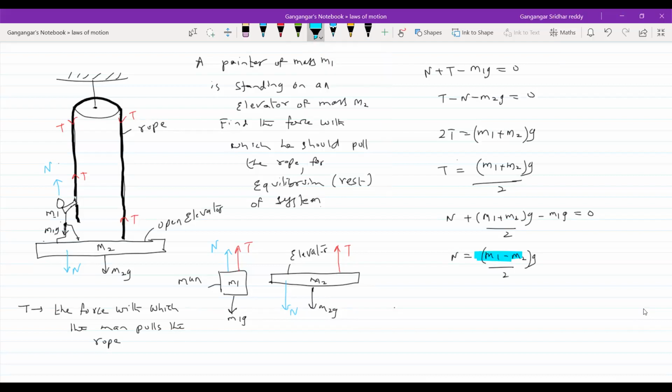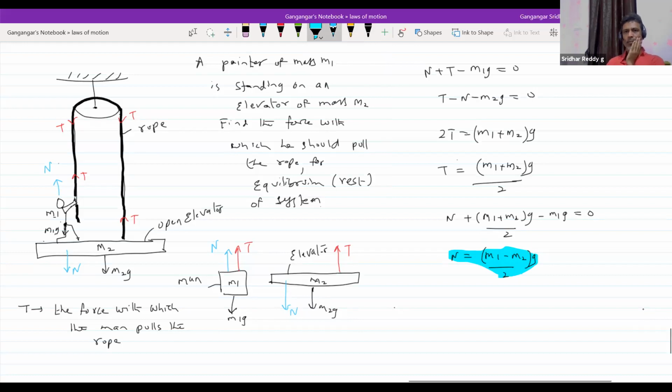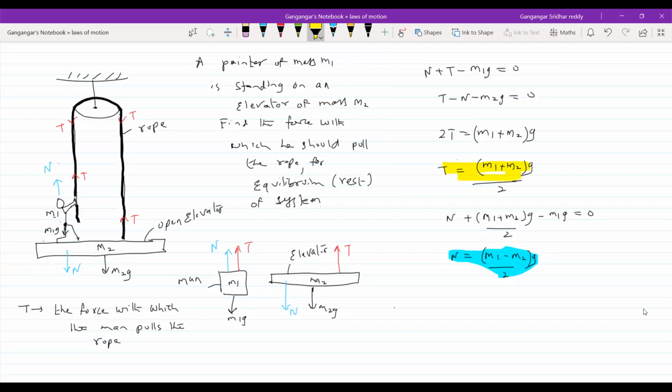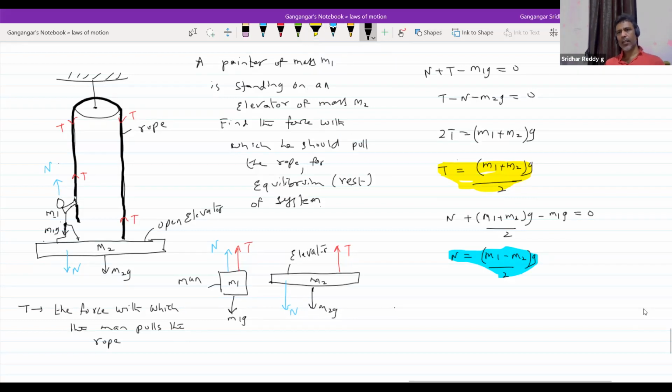Sir, could you once draw the free body diagram of the rope? The tension and the force, how will they act on the rope, sir? Person, there's a rope.